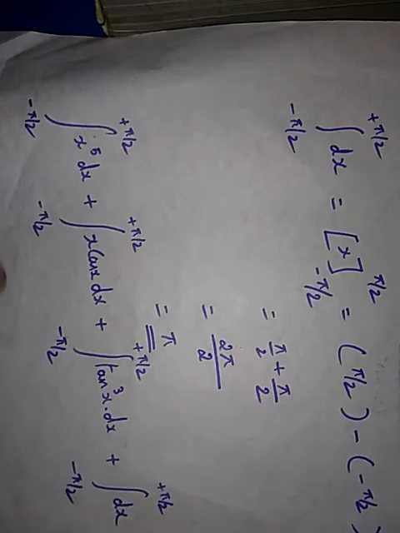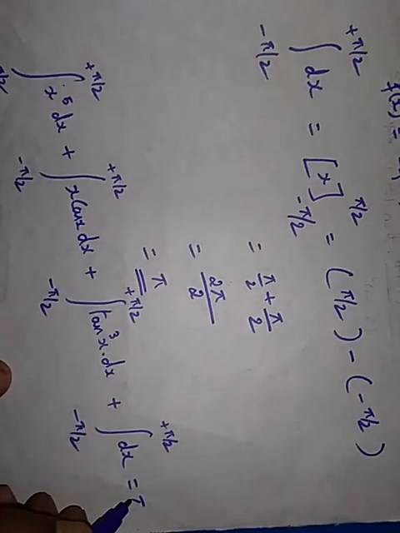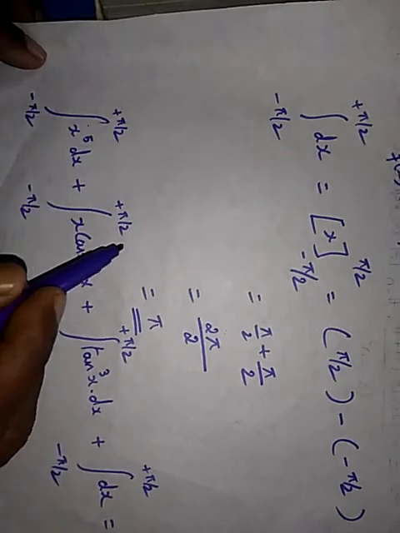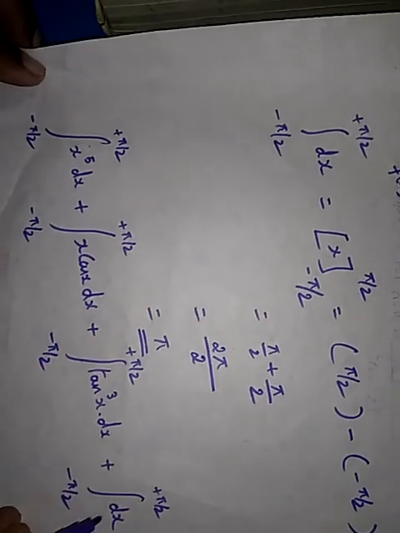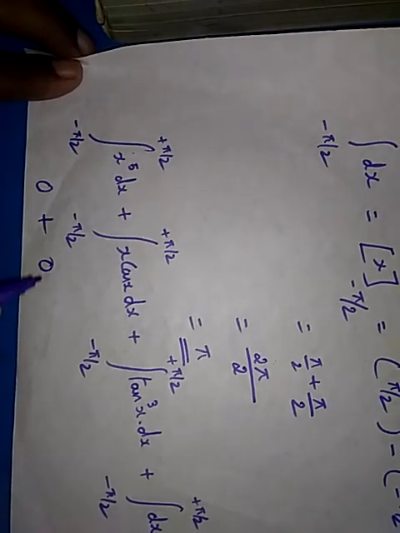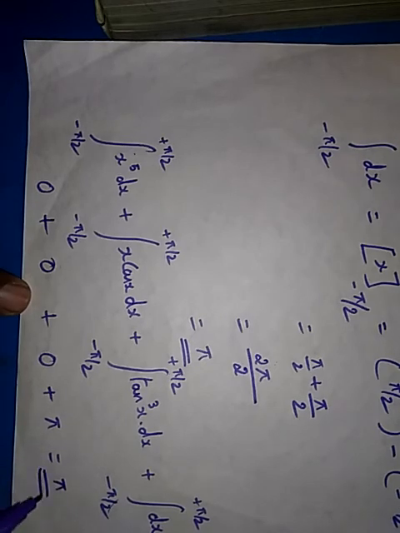The answer is going to be pi, because these are odd functions, so this value is 0, this value is 0, this value is 0, and only the last remains. So 0 plus 0 plus 0 plus the value we just found, pi. So the answer is pi.